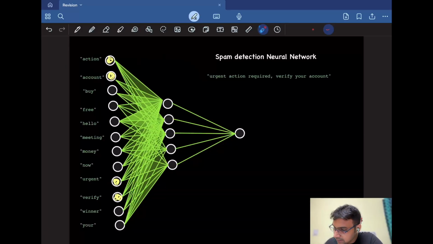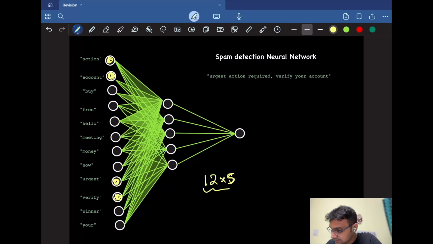Now we can also calculate how many parameters this network will have. This particular neuron in the second layer is connected to 12 neurons in the input layer. There are 5 neurons, so 12 into 5 is the number of weights. These are the weight parameters.